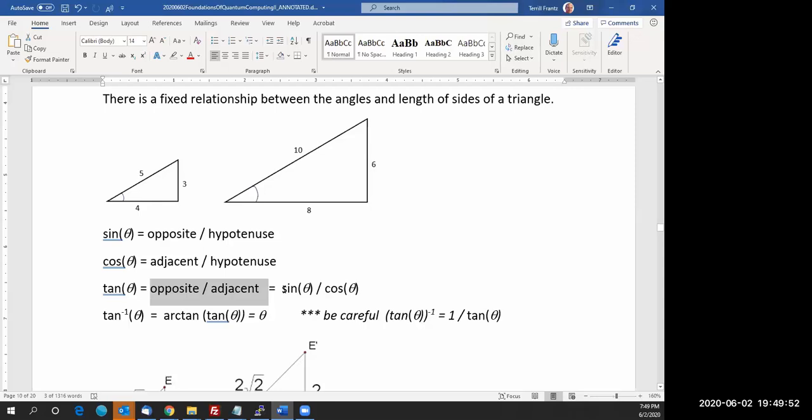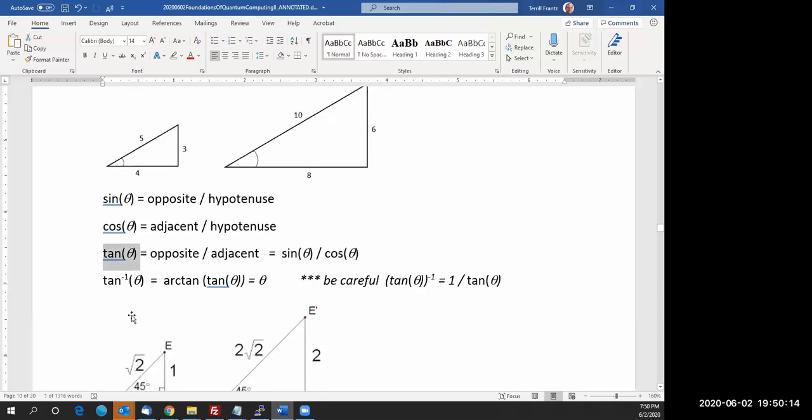It really comes out to also being the same as the sine of that angle divided by the cosine of that angle, which does come into play in some of the books I've seen on quantum computing. So you'll see sine divided by cosine, and sometimes you'll see tangent being used.